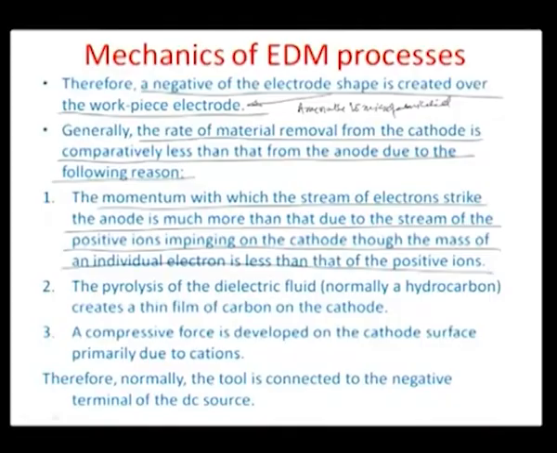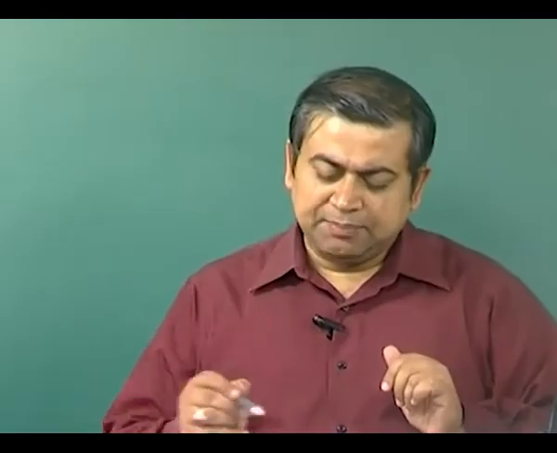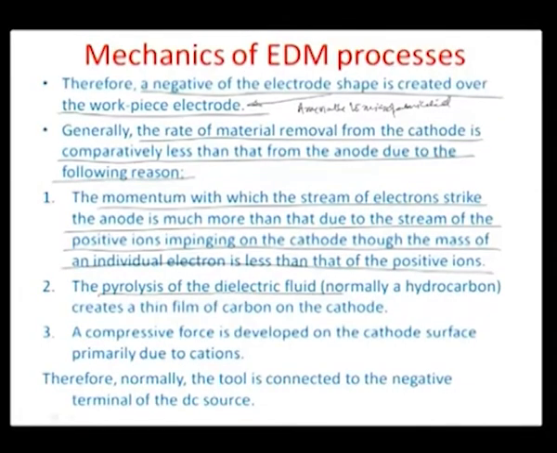The other reasons responsible for this difference in the rate of removal between anode and cathode are principally the pyrolysis, and particularly the pyrolysis of the dielectric fluid, which is normally a hydrocarbon. As I have already illustrated many times before, in the EDM process there is always a medium in between the cathode and the anode, and that is typically one with a high dielectric constant and is an insulating medium.